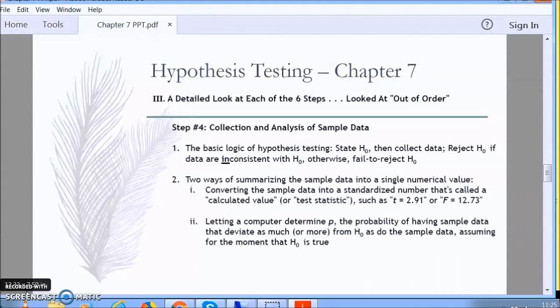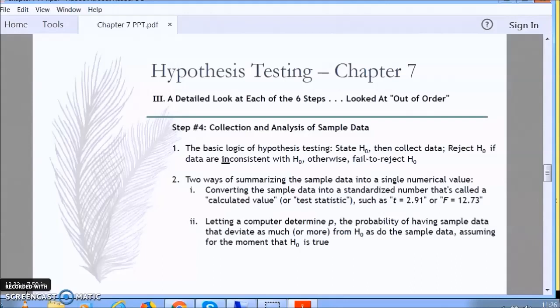Once the computer knows both, it analyzes the sample data and computes the probability of having a data set that deviates as much from the null hypothesis as the data set being analyzed.